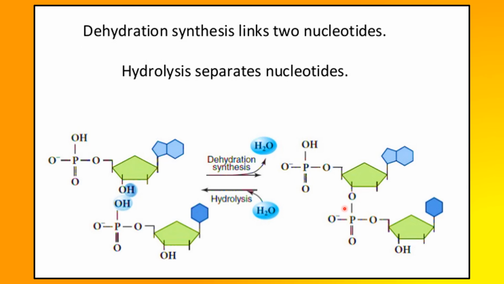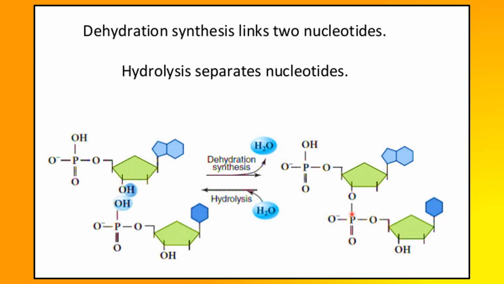And the bond is formed between the oxygen here on carbon 3 and the phosphate group. You want to get them apart, break that bond right there. By the way, that's a phosphodiester bond.